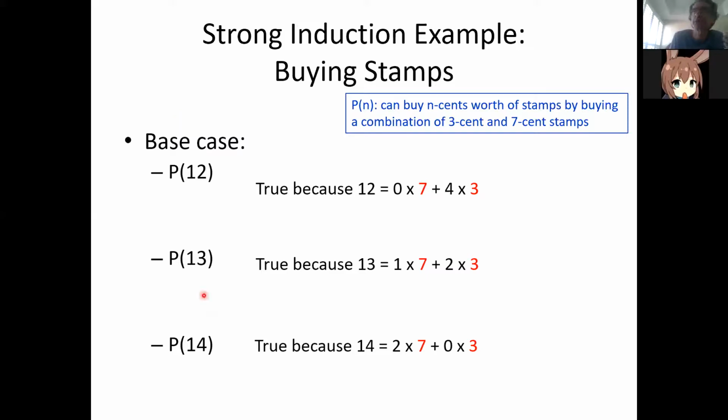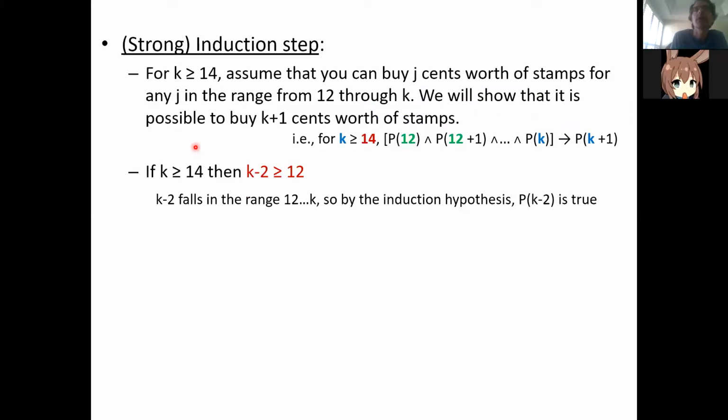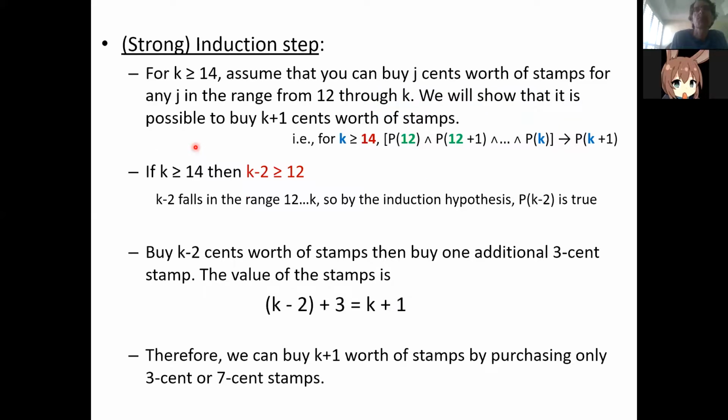So this argument that if k minus 2 is expressible in this way, then so is k plus 1, well, it's true, but it's useless. Because if k plus 1 is 14, well, it's not true about 11, so you cannot use those. So this implication is fine, but it's not useful. Okay.